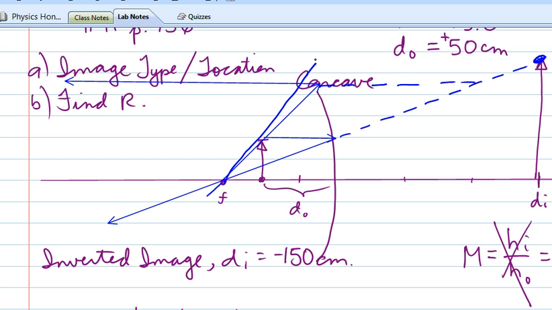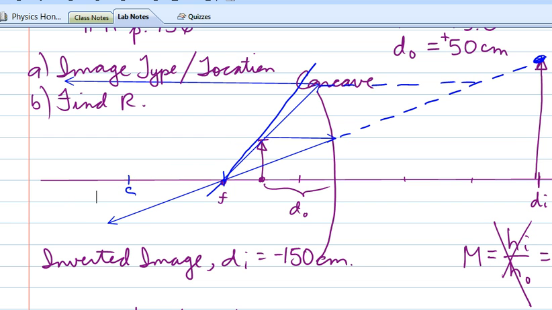Okay, well, what about for the third ray, the ray that goes through the center? Well, where is the center? It turns out it's twice the focus. So if the focus is here, maybe the center is approximately here. I'm eyeballing. Okay, and let me get a different color. So it goes through the center, kind of like, let me try that again.